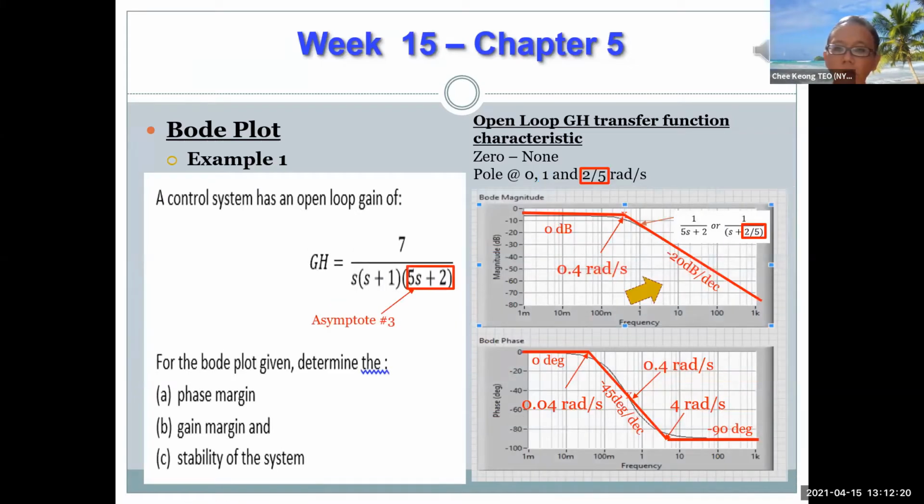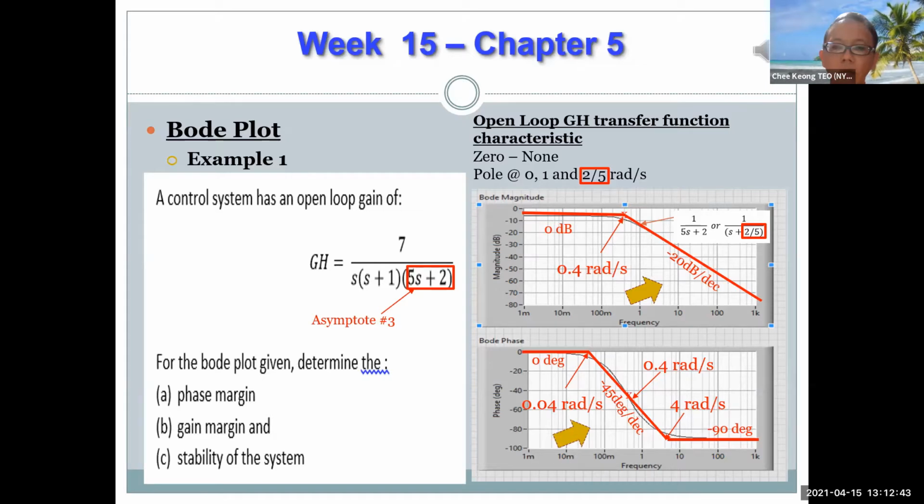Now if we shift and look at the next asymptote, that is 1 over 5s plus 2. Using form 5 for the magnitude plot, we will have a flat response from negative infinity to 0.4 radian per second. Thereafter the response will slope down at minus 20 decibels per decade till infinity.